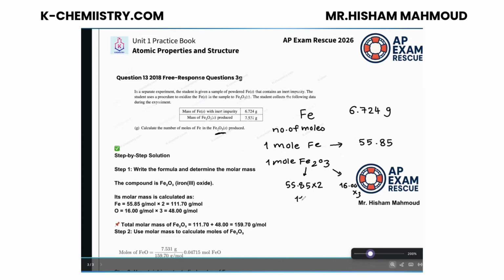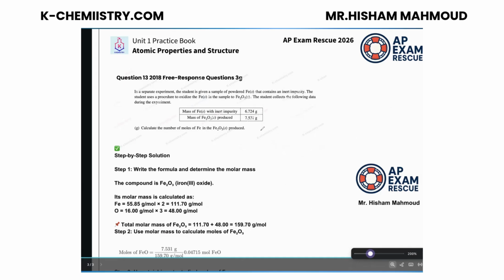The mass of this one is 111.70, and the mass of this one is 48. When you add these two together, you get 159.70. So the mass of 1 mole of Fe₂O₃ is equal to 159.70 grams for every mole.